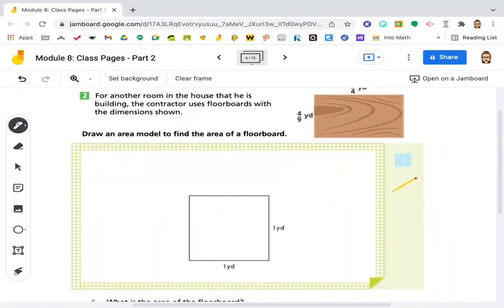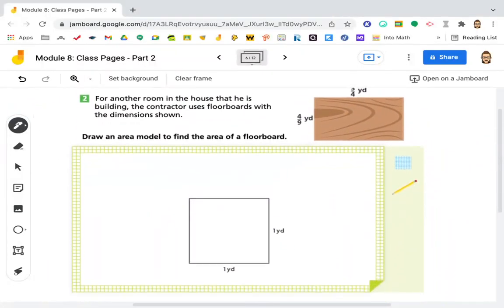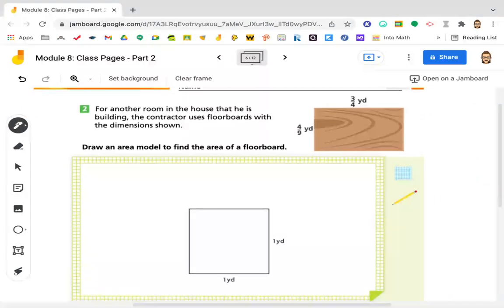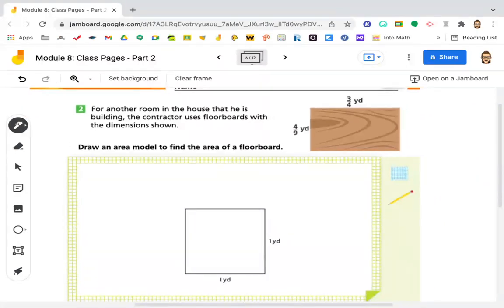For another room in the house that he is building, the contractor uses floorboards with the dimensions shown. Draw an area model. So we are going to start with my fourths. I'm going to shade 3 to give me the 3/4 of a yard.